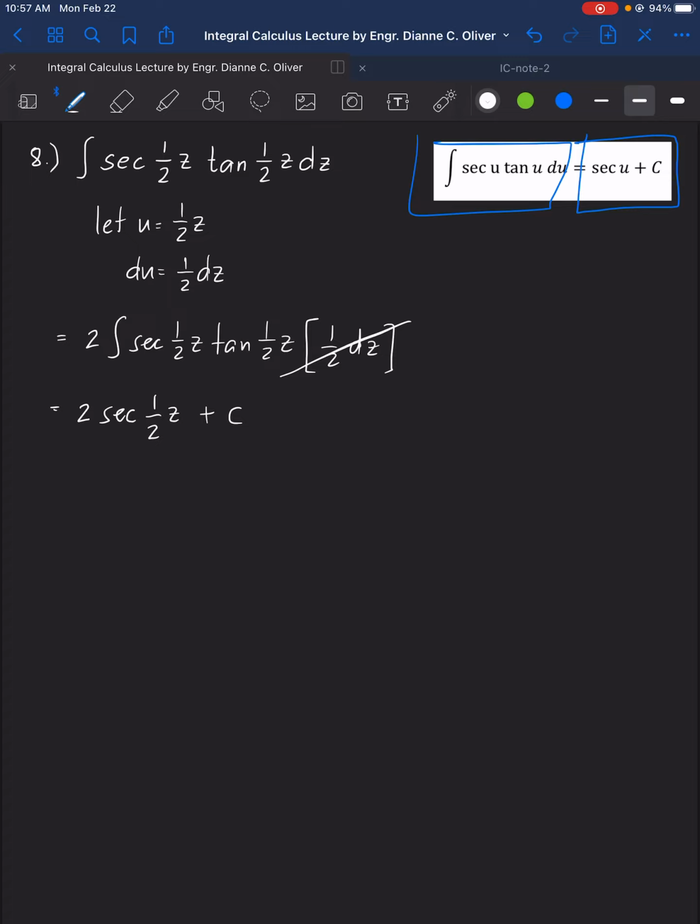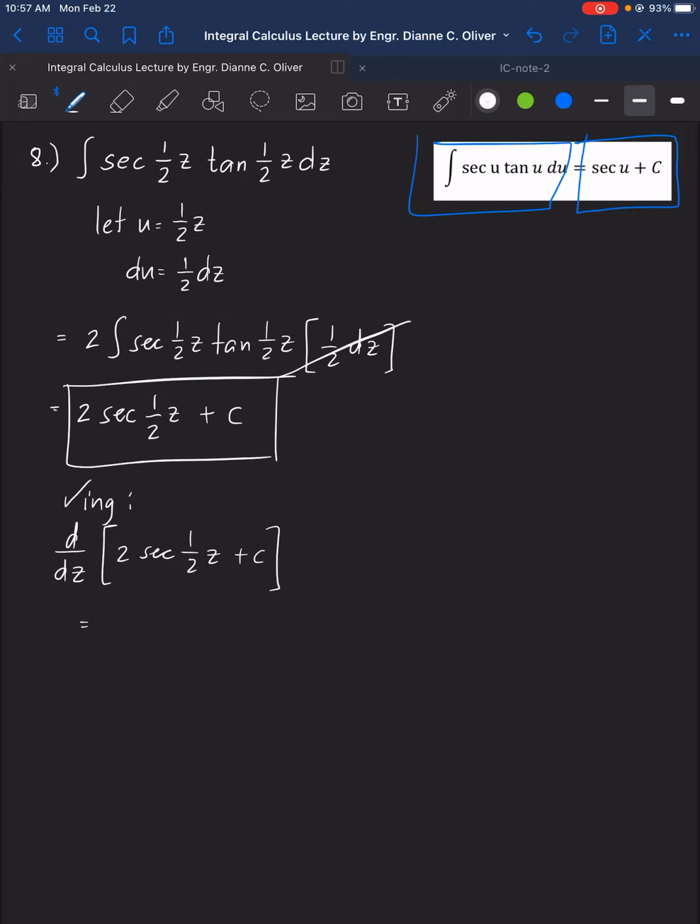Okay, so that's the answer. Checking, let's see if what we did is correct. Checking by differentiation, we derive here. So d/dz of 2 secant 1/2 z plus c.